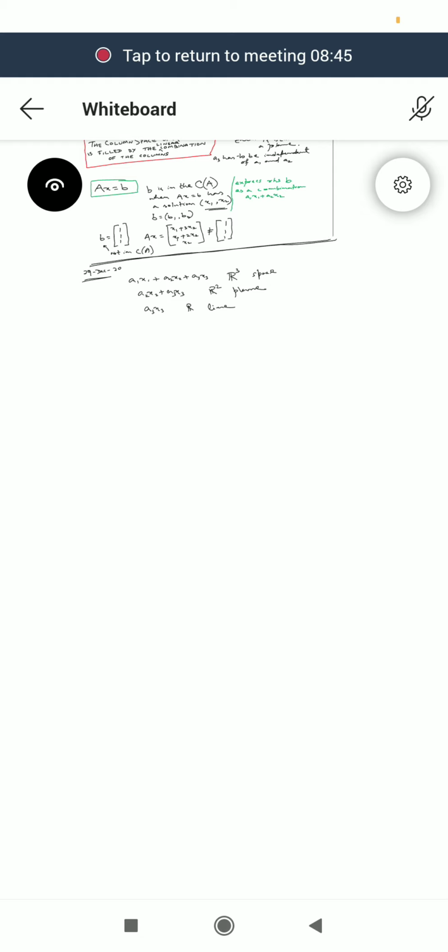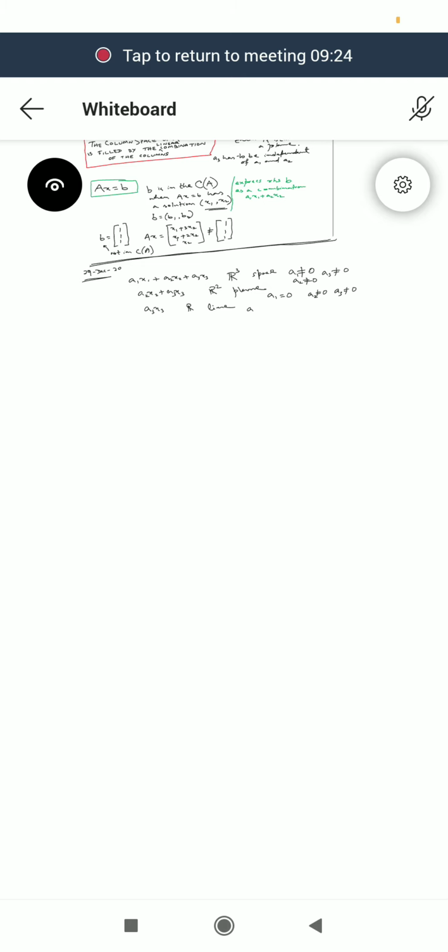So here A1 is not equal to 0, A2 is not equal to 0, A3, sorry, is not equal to 0. Here in this case A1 is equal to 0, A2 is not equal to 0, A3 is not equal to 0.